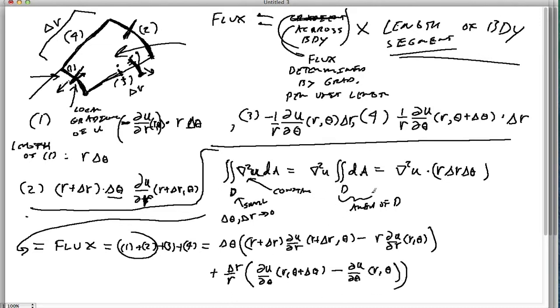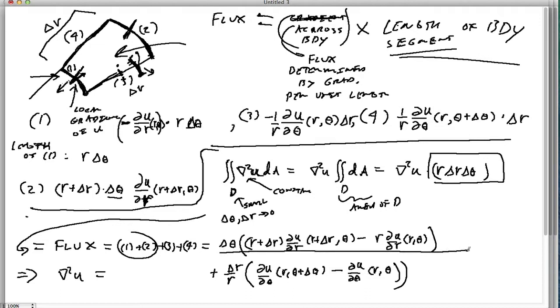Okay, so we see we have this thing here, and we're going to divide that through now. So now we're going to get, I'm going to rejigger our calculation a little bit. We're going to get the Laplacian of u is equal to all of this stuff, but we're going to divide by r delta r and delta theta.